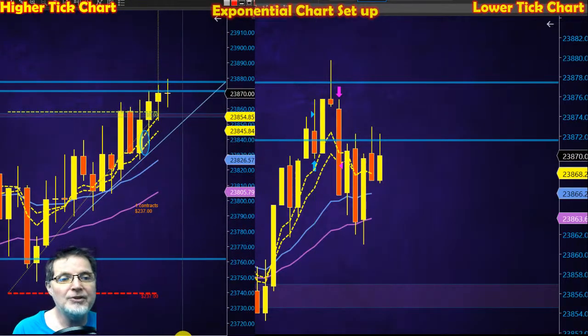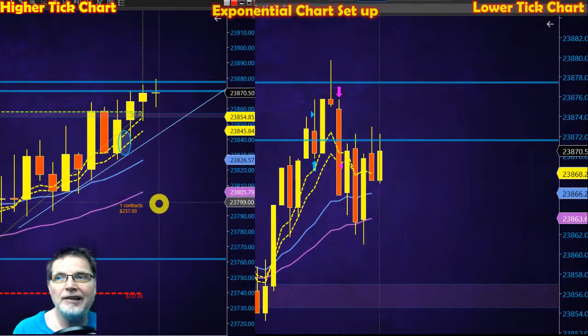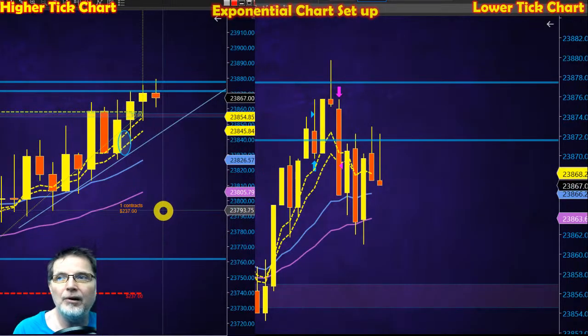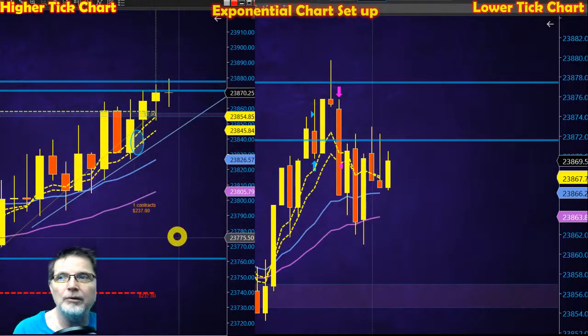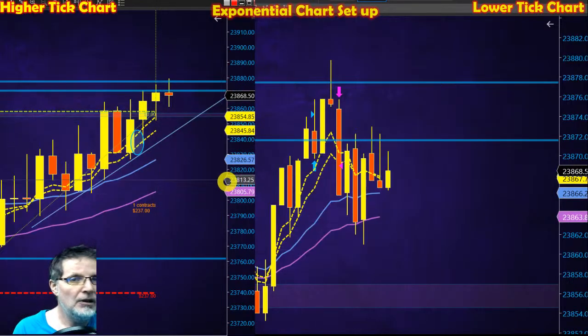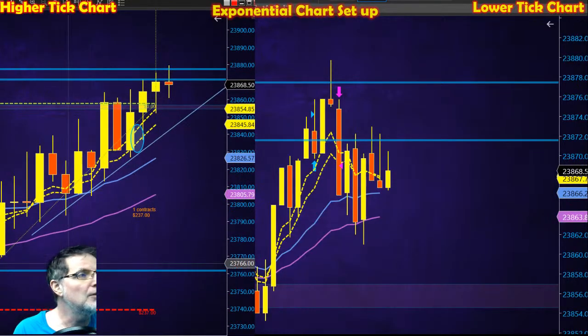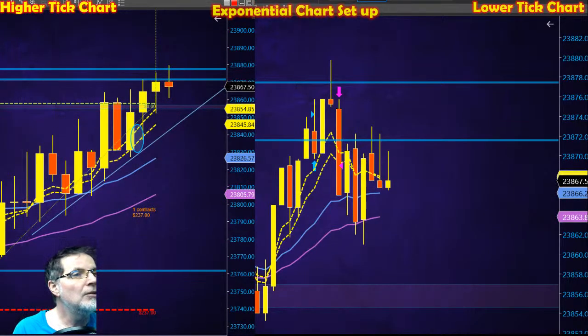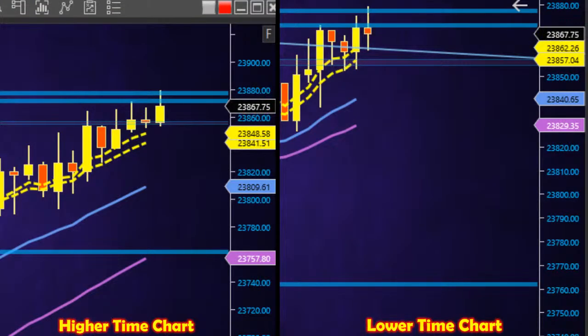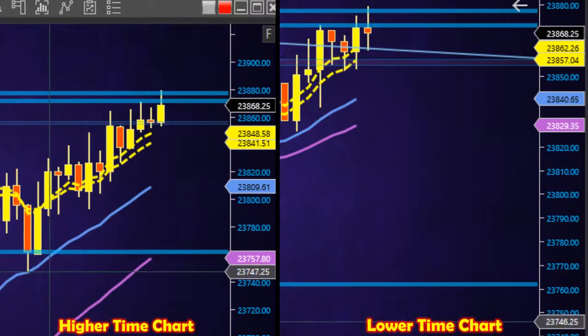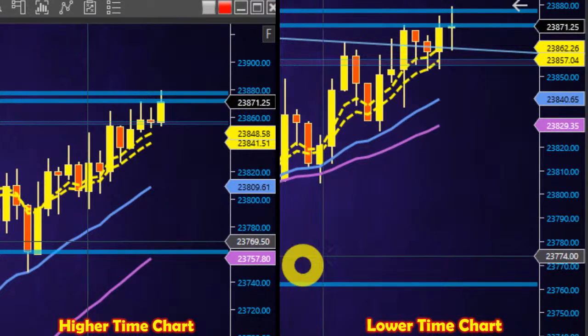The moving averages keep expanding and getting wider and wider, and the candle bars keep getting smaller and smaller on this 10,000 tick chart. The 5-minute chart, let's see those. And the 5,000 looks like the same thing.